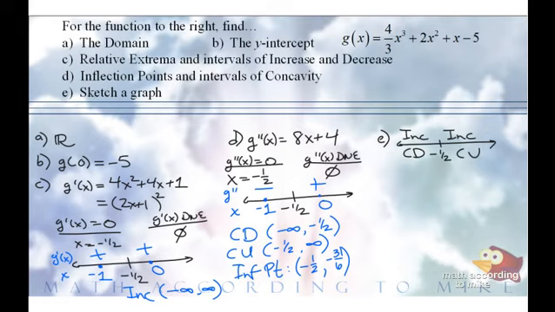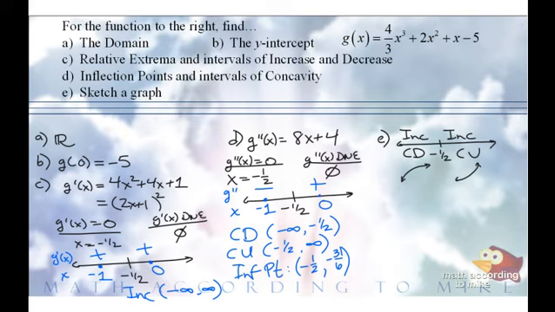So according to that chart on the left-hand side of the board, increasing concave down will be this shape. Increasing concave up will be this shape. So we're going to put these two shapes right next to each other. Is that okay?